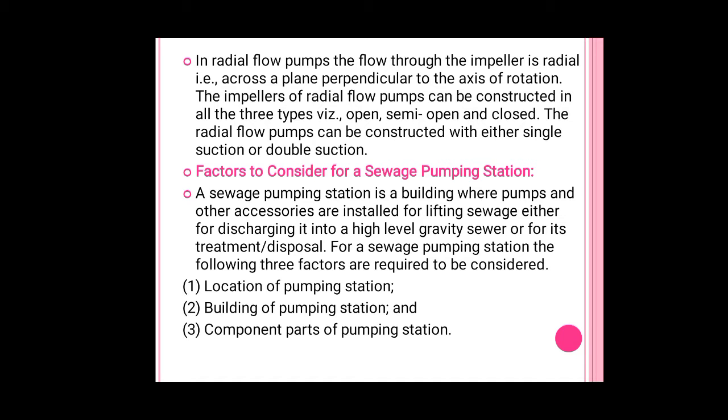There are three factors to be considered for this sewage pumping station. First one is the location of the pumping station, second is the building of the pumping station, and third one is the component parts of that pumping station.